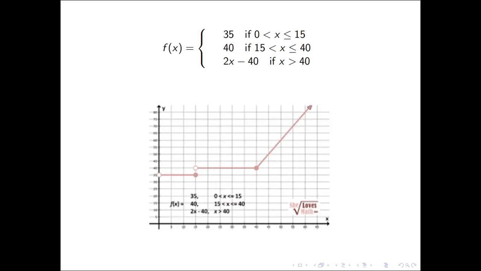Look at the graph, look at the Y values. Based on the definition, we have two values already here, plus all the values that are included by this one. So notice that from 40, it will extend all the way up to positive infinity, including 40.